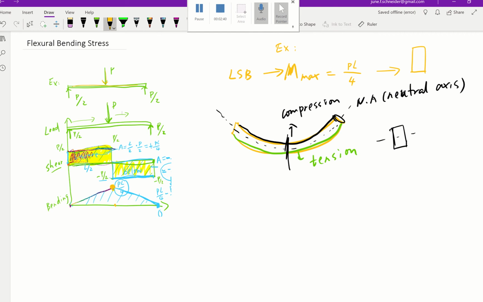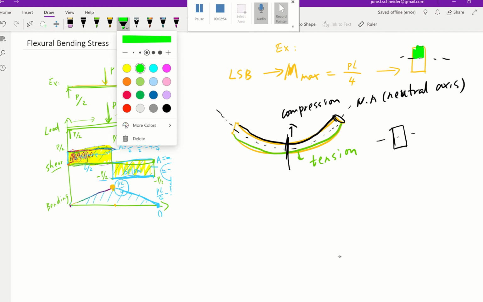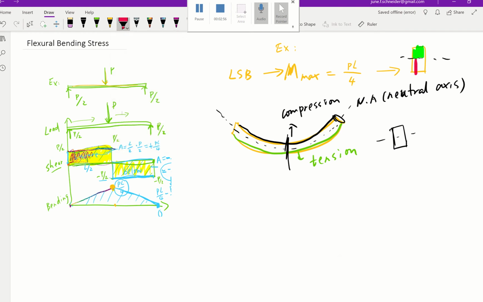And now you're thinking about it. This cross section is divided into two parts, because the top part is being what? Compressed. However, the bottom part is being tension. So they are quite different. So this one is being compressed, this one is in tension.